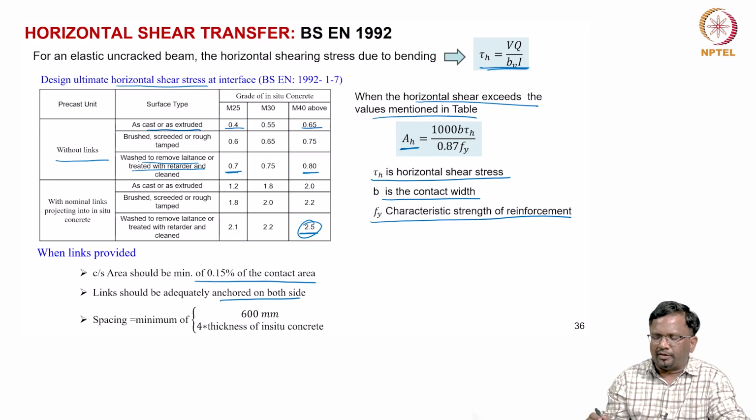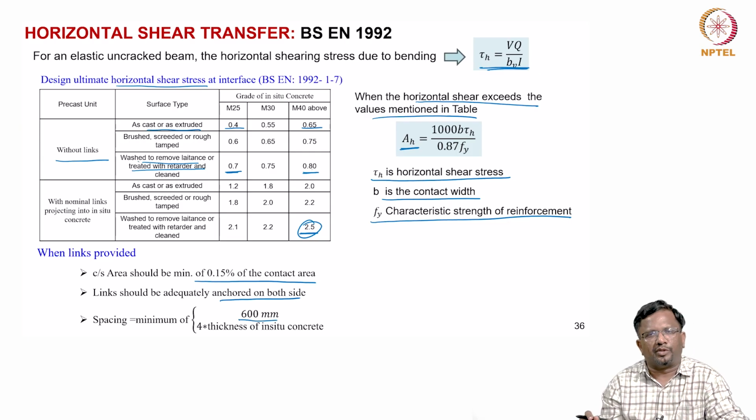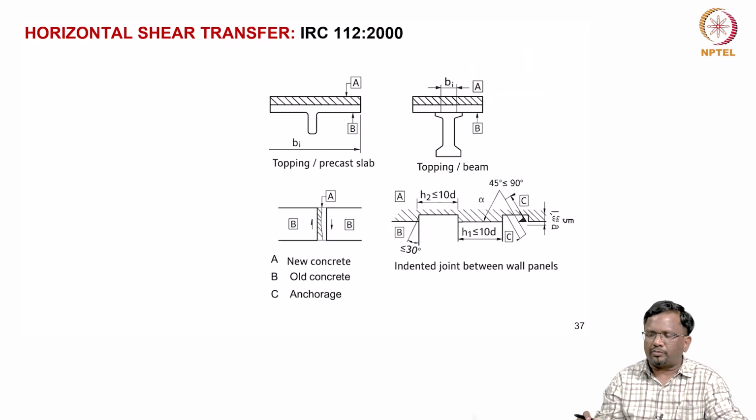The spacing should be less than 600 millimeters or 4 times the thickness of your in situ concrete. For example, if the thickness of the slab is 100 mm, then the stirrups should be provided at a maximum spacing of 400 mm. I cannot exceed 400 mm. That is what it is.